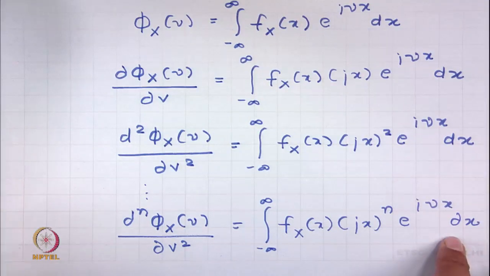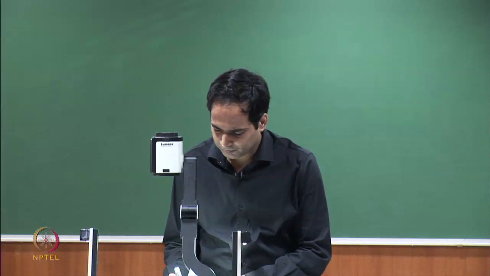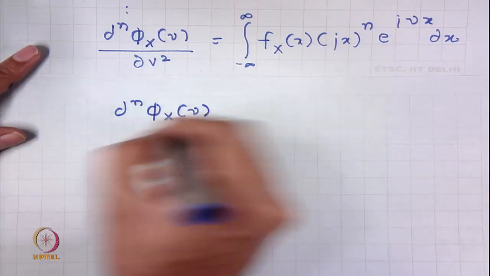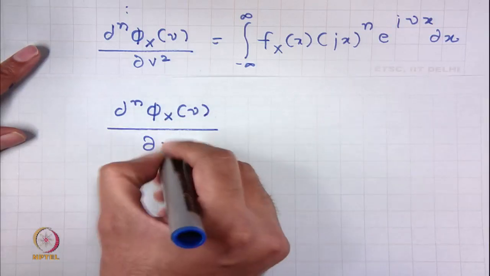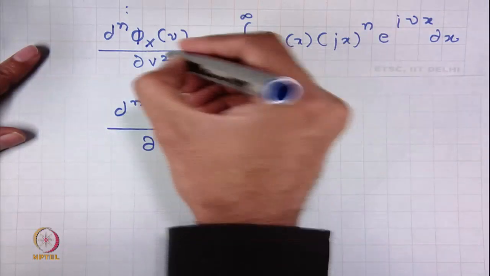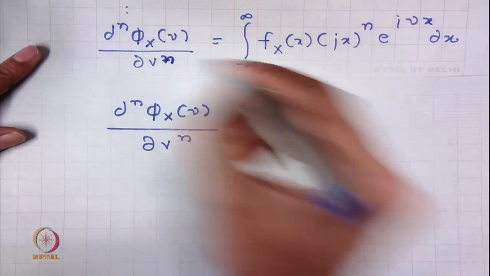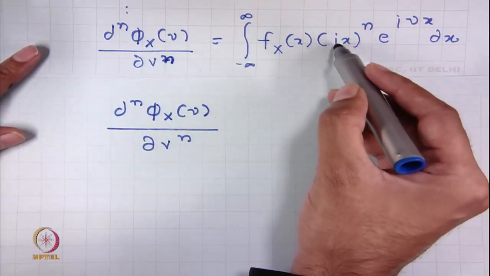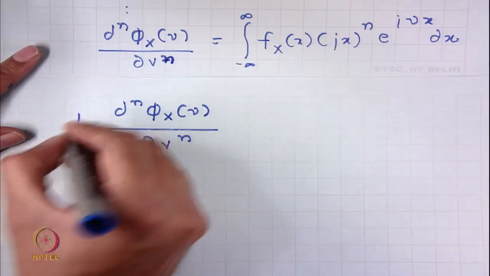So what I am saying is, from this expression, this should be n, sorry. What I can do is take this j to the power n to this side.